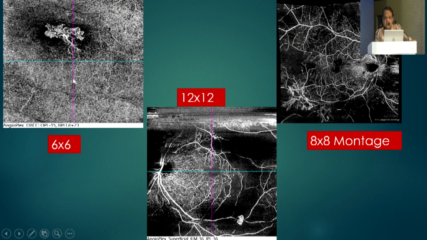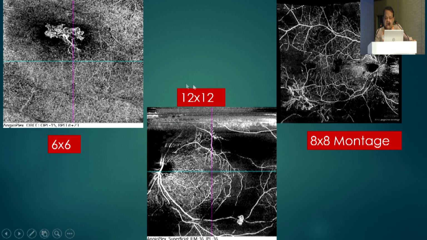This is what you see. This is a 6 by 6 slab. This is good for the macular area where you want to see a magnified image. If you want to look at the peripheral image, then you have to go for an 8 by 8 montage. And since it is a montage, you have to take 5 pictures at a time, so the acquisition time increases.